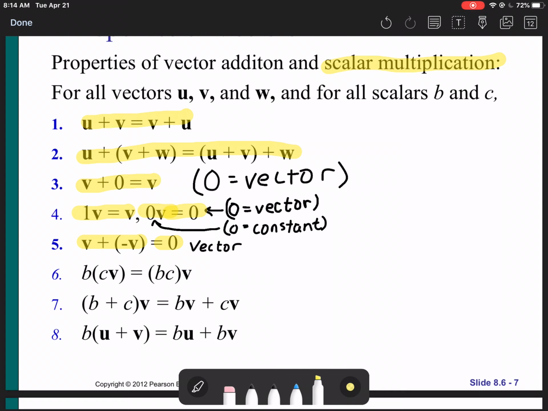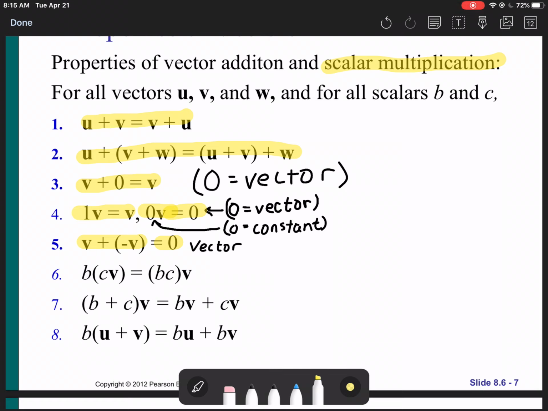Number 6, number 7, number 8, that addresses combinations of vectors and constants or scalars. Number 6 is, again, an associative property. Notice, again, B and C are scalars. V is a vector. So I've got the product of B, C, and vector V. And in either case, those would give the same result, right?